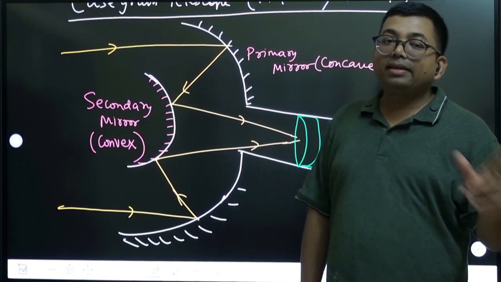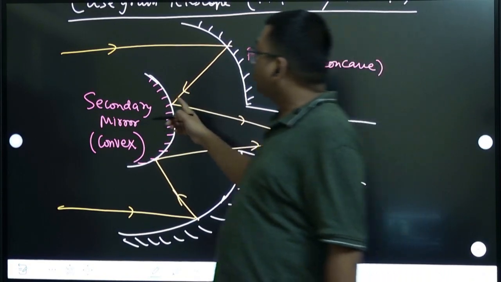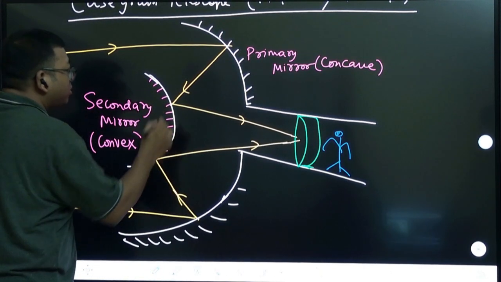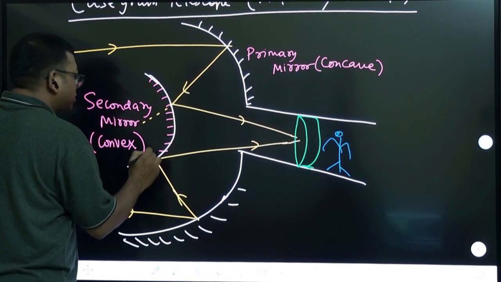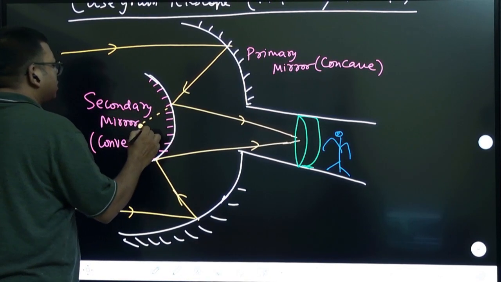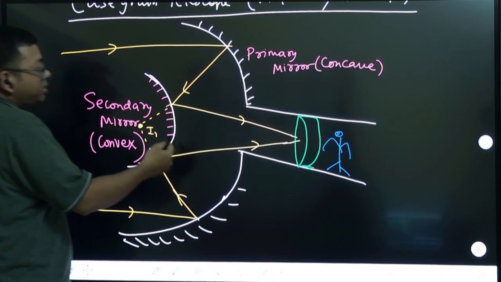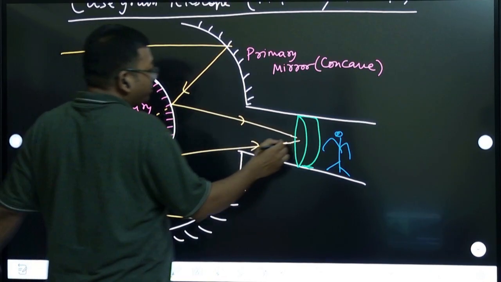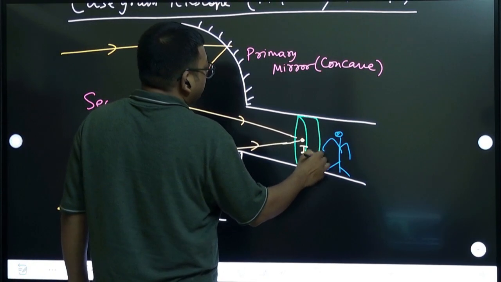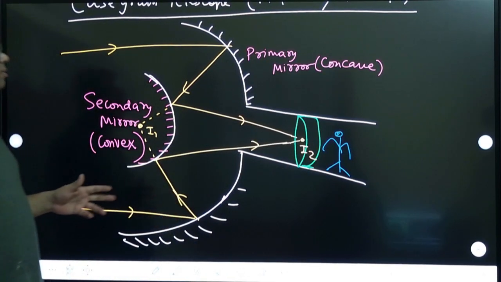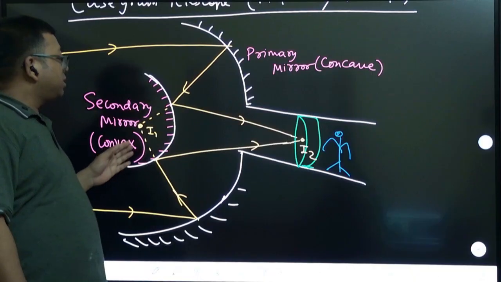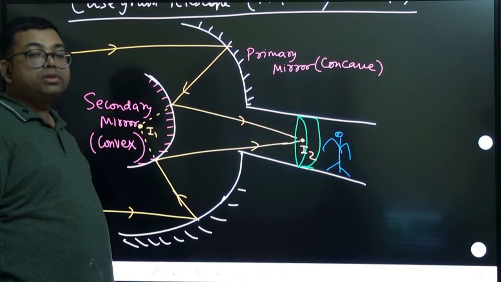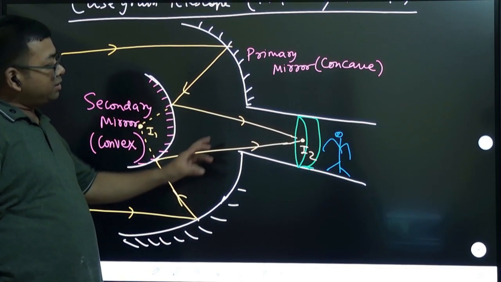The idea here is that if this is not there, the image formed due to this will meet here. This ray will meet here. This is the first image, but this first image acts like a virtual object, and then the final image I2 will form here. So the first image I1 can be taken as virtual, and I2 is a real image made at the observer.